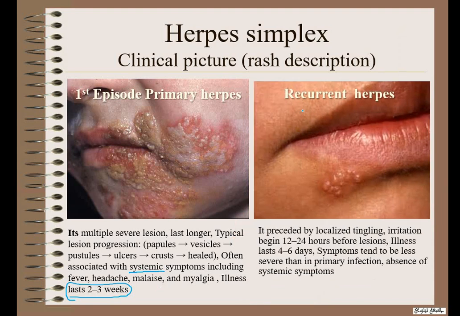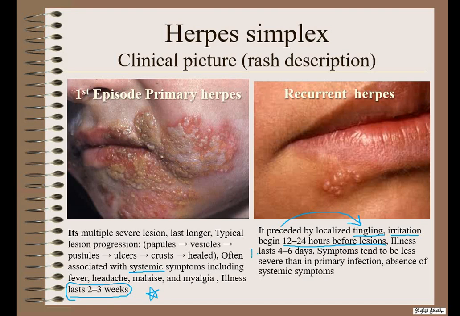In recurrent herpes simplex, the lesion is usually preceded by a localized feeling of tingling or irritation at the area. It usually begins 12 to 24 hours after that.